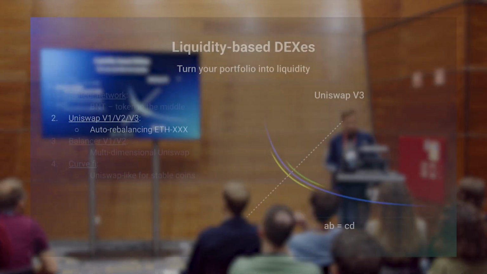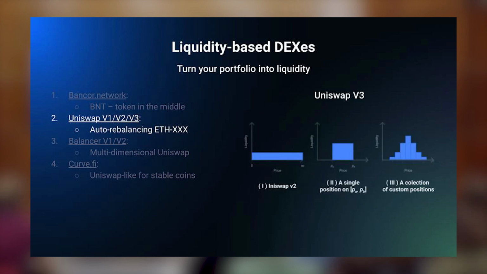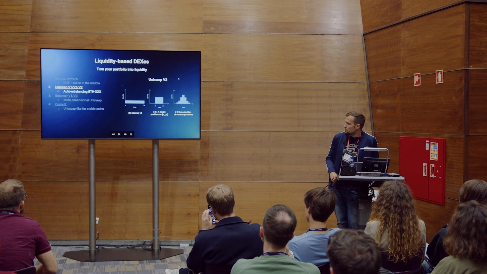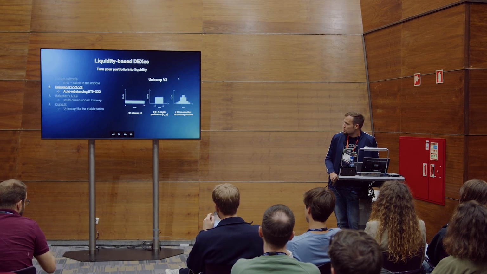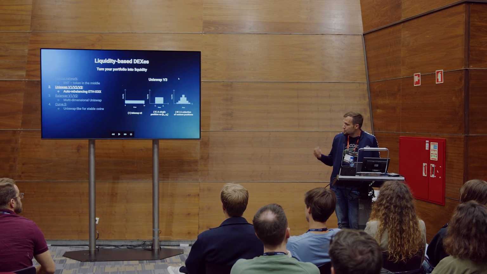Uniswap v3 concept was changed slightly, so it allowed you to put liquidity on some specific ranges, like this. You can see a comparison. First is Uniswap version 2 liquidity, which is equally distributed from 0 to infinity. Each position in Uniswap v3 belongs to some price range.